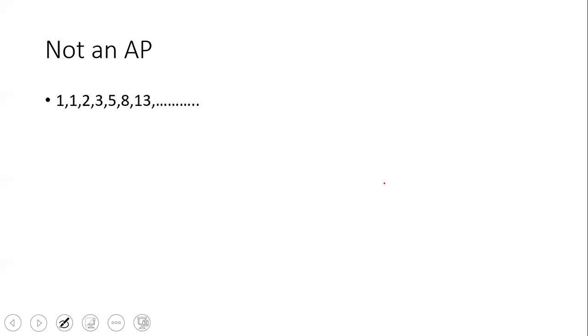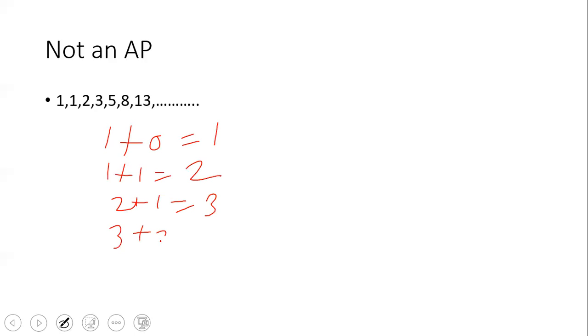This is not an AP because by looking at this, one can tell it doesn't have a fixed difference between any two consecutive terms, and an AP must have a fixed difference D. But in this case it does not, because 1 plus 0 is 1, 1 plus 1 is 2, 2 plus 1 is 3, 3 plus 2 is 5, and so on.